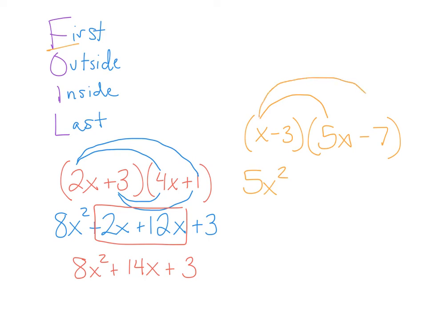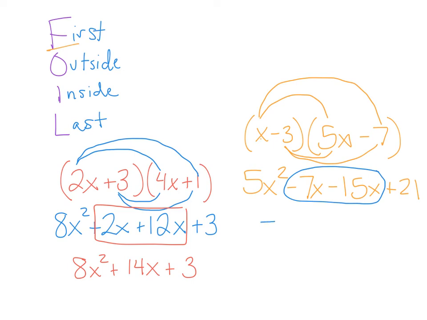Outside, x times negative 7 is negative 7x. Inside, notice negative 3 times 5x is negative 15x. And last, negative 3 times negative 7 is plus 21. Any like terms? Uh-huh. So, rewrite final answer: 5x squared minus 22x plus 21.